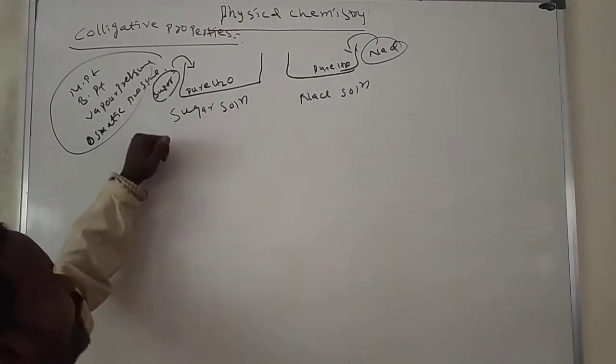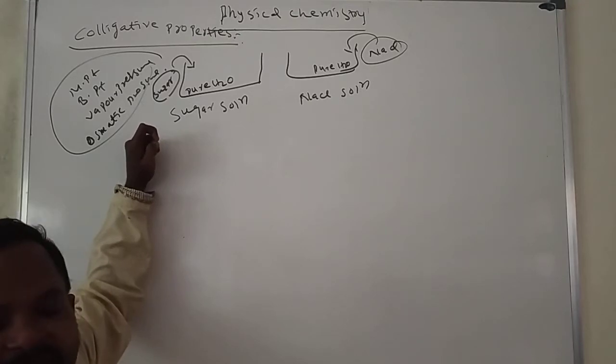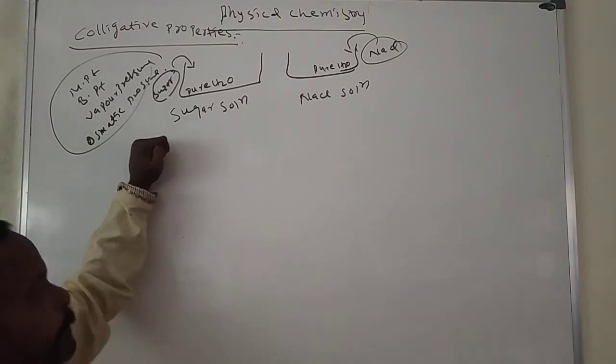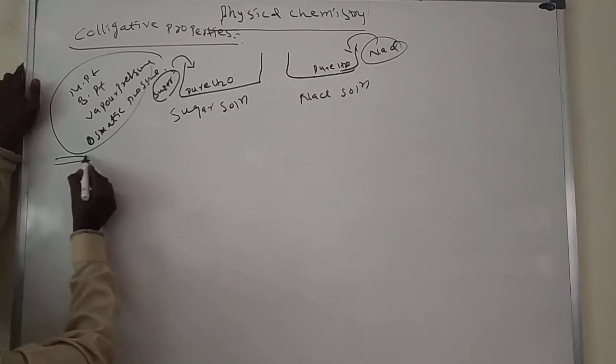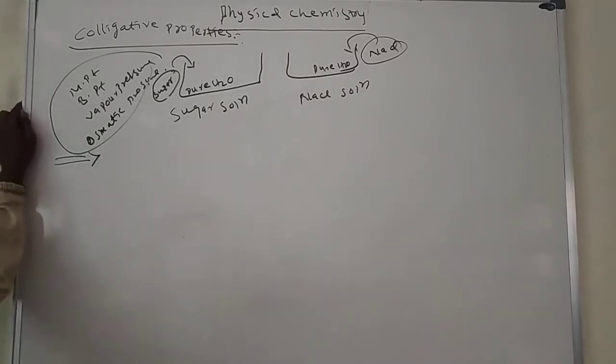Such properties we call colligative properties. Here we have the four important colligative properties.